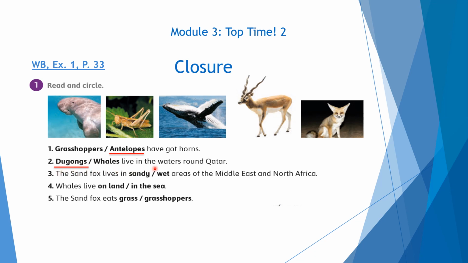Dugongs live in the waters around Qatar. 3. The sand fox lives in sandy areas of the Middle East and North Africa. 4. Whales live in the sea. And 5. The sand fox eats grasshoppers.